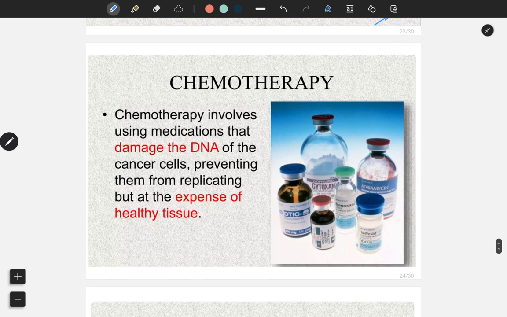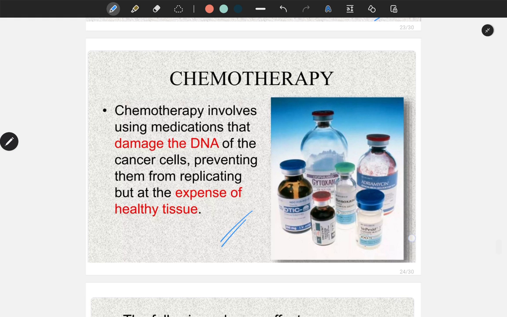Coming to chemotherapy. After radiation or in combination with radiotherapy, chemotherapy involves using medications that damage the DNA of the cancer cells. These chemotherapy drugs damage the DNA of the cancer cells, preventing them from replicating, but at the expense of healthy tissue.